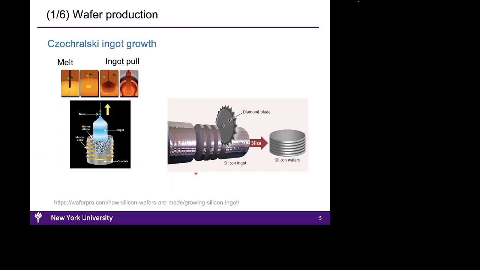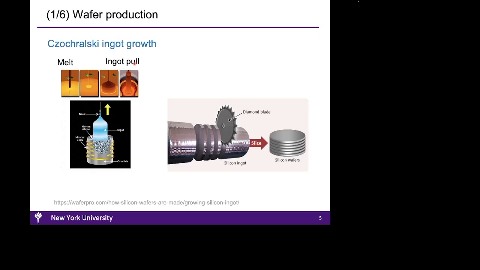The first step involves wafer production. The wafer is a substrate on which electronics are fabricated. There are various approaches for producing semiconductor wafers. A mainstream process for producing silicon wafers is called the Czochralski process. The image on the left provides a high-level overview of the growth process.